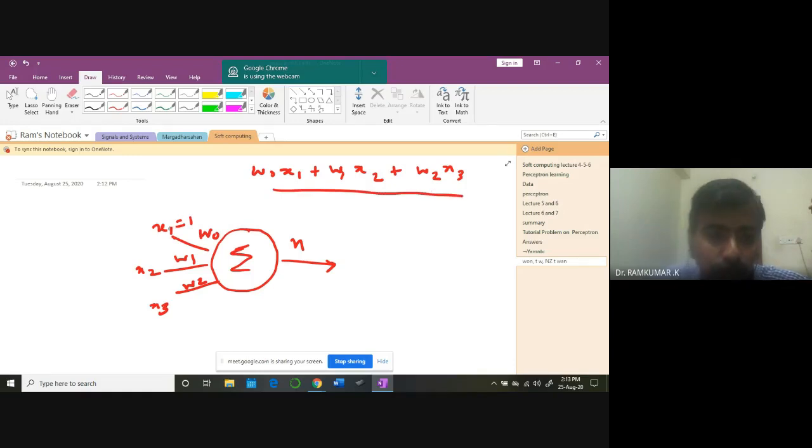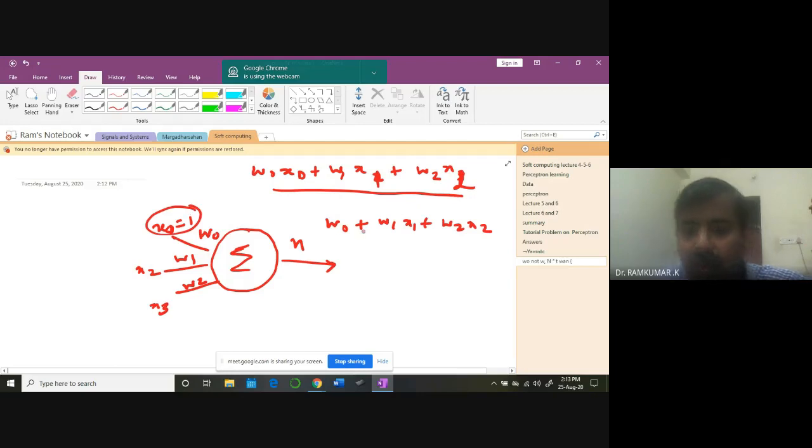Or otherwise, you can put x0 here, with x0 always equal to 1 as the bias, so this term is W0. You only change the weights. So this is the expression we are talking about.